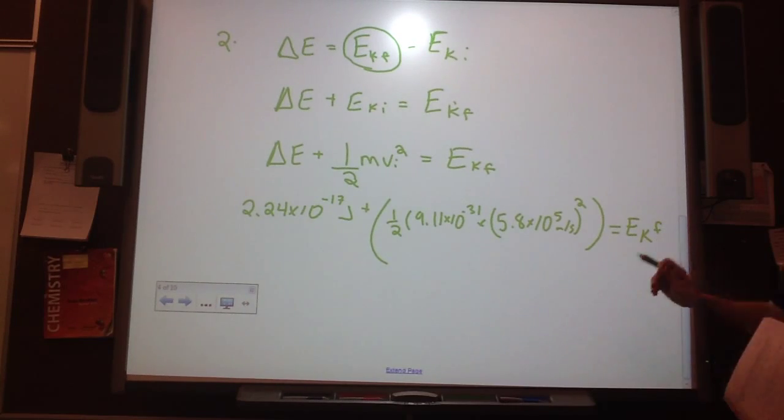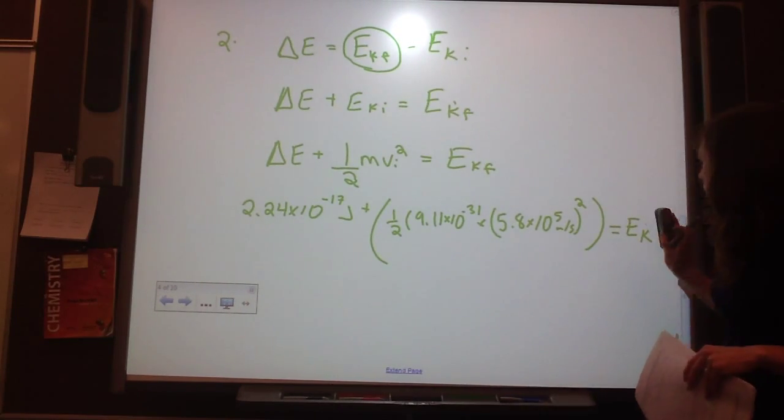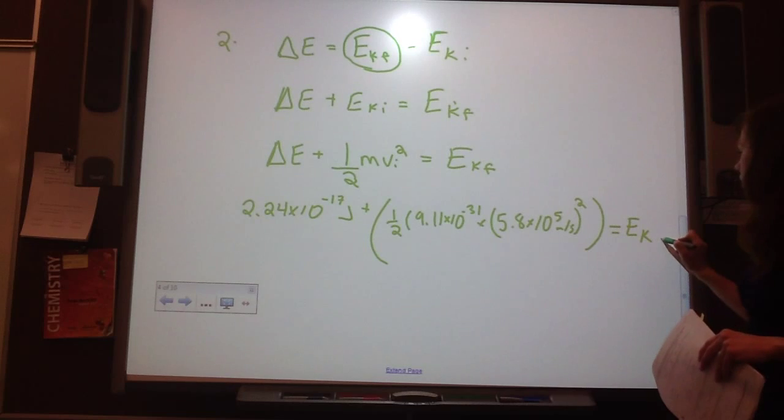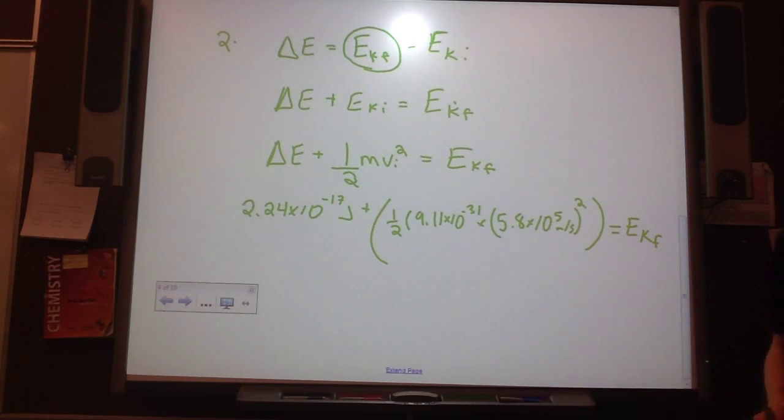If you're doing it all at once in your calculator, I caution to use brackets. Use your brackets. So try putting that in, see what you get.